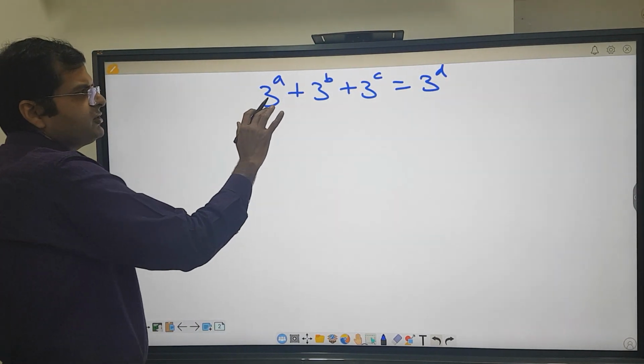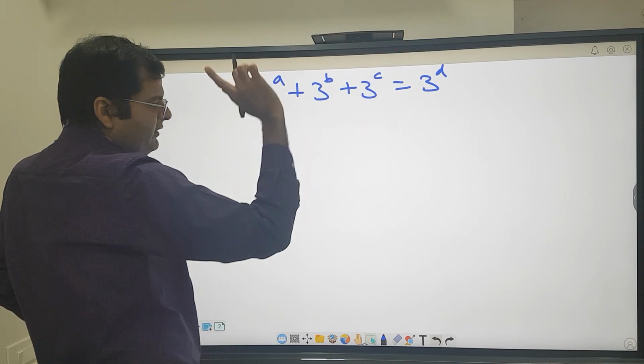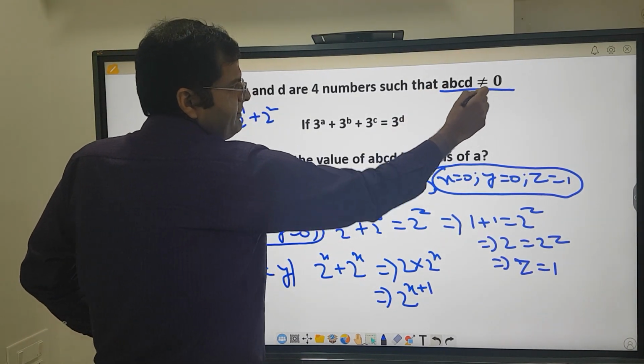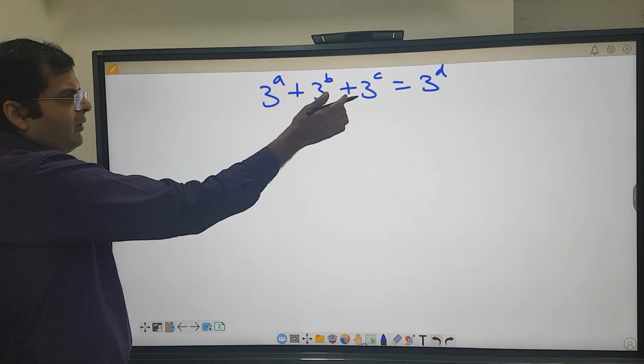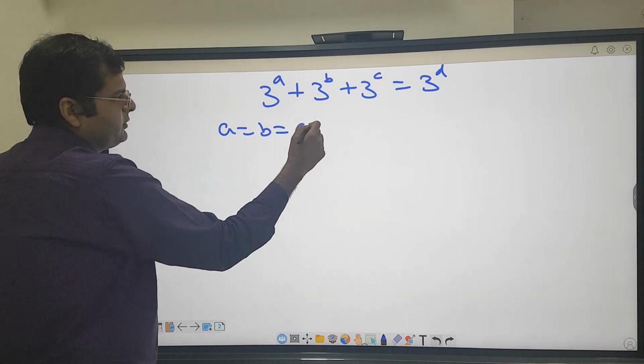So this is only possible either when a, b, c all three are 0 and then d will become 1. But over here we know a times b times c times d is not equal to 0. So that possibility is ruled out. The only other possibility is when a is equal to b is equal to c.